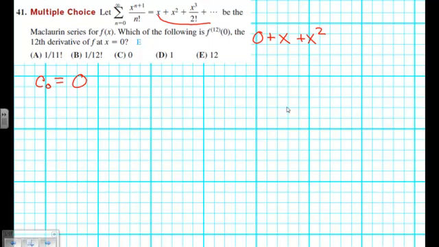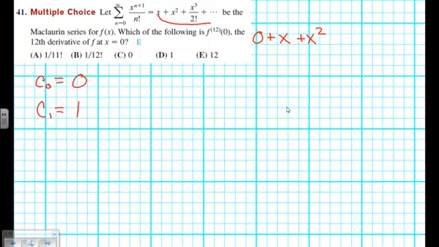Let's try again. What is C1? C1 is the coefficient on the x. It is 1 over 1. Okay, what do we know about that then?